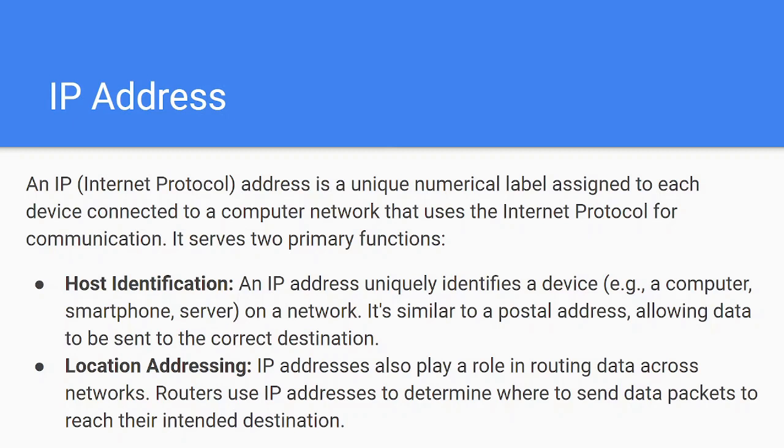Host identification basically means that you can tell which device on a particular network is performing a particular activity. Let's say, for example, in a class of 5 students, they connect to the router, right? The router assigns each of them a unique IP address. Why is that?